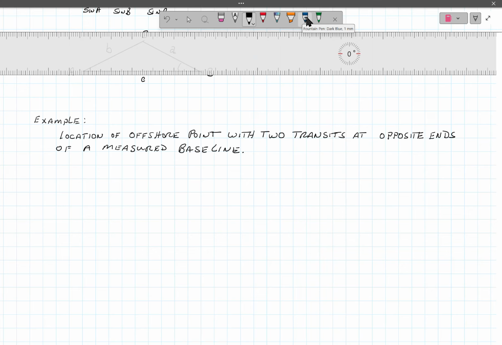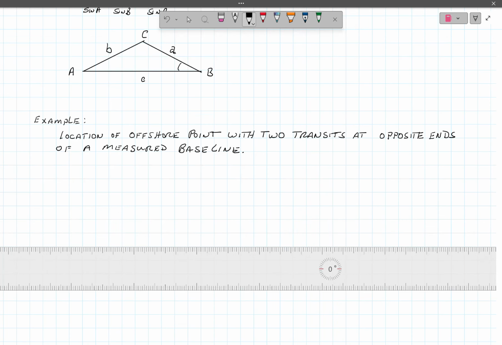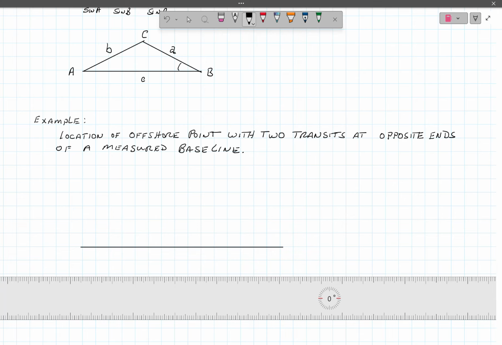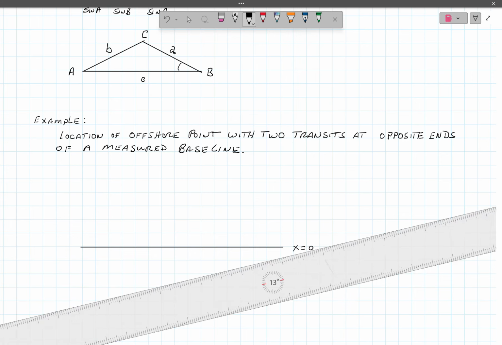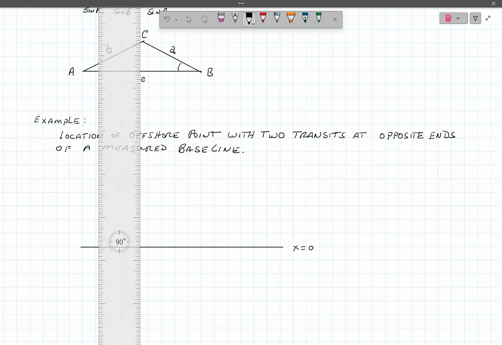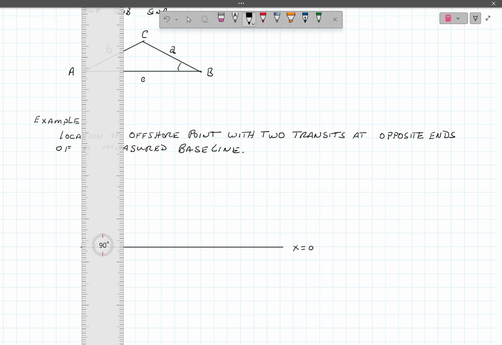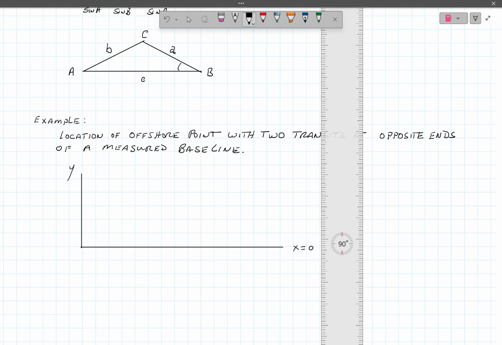Okay, and here's our baseline, and we're going to call that x equals 0 just to give us a reference, and then 90 degrees up from that we will take y equals 0.